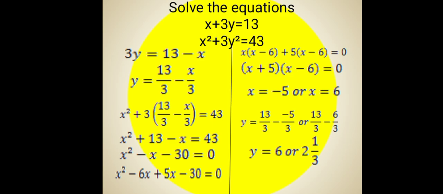Now in the second equation, for the value of y, we shall substitute the figure 13 over 3 minus x over 3. And then solve the equation, we find that x is either negative 5 or 6. Now this means that when x is negative 5, y is 6. And when x is 6, y is 2 and a third.